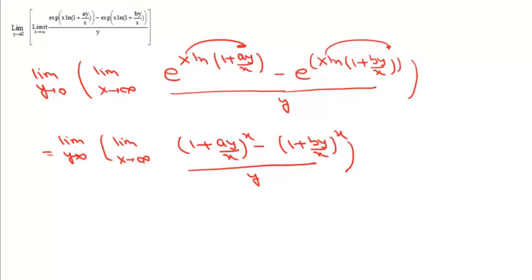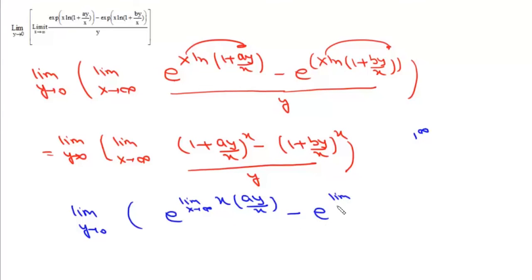Now we put x as infinite, it will be 1 to the power infinite form. So we can directly use this shortcut. So it will be this limit y tends to 0, and we'll write this as e to the power limit x tends to infinite x into f x minus 1, which is ay by x, and minus, in the same way we can write this as limit x tends to infinite x into by by x whole divided by y.